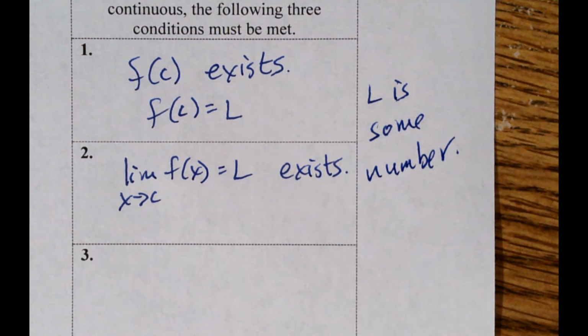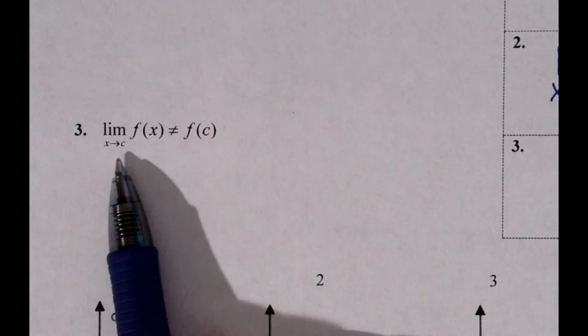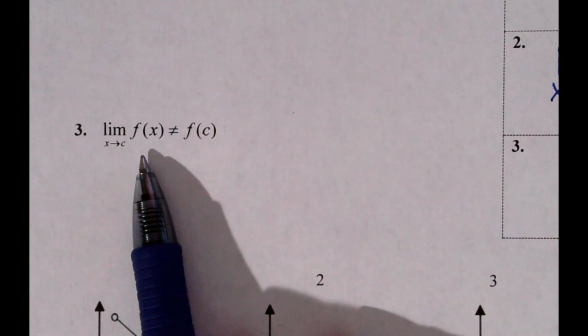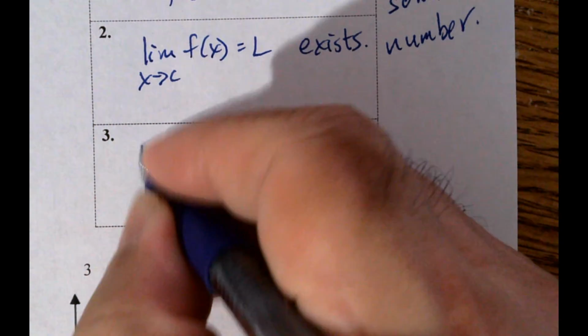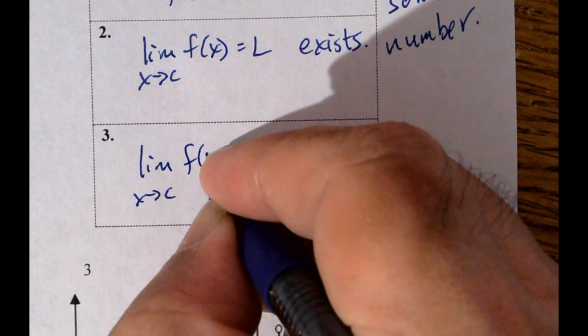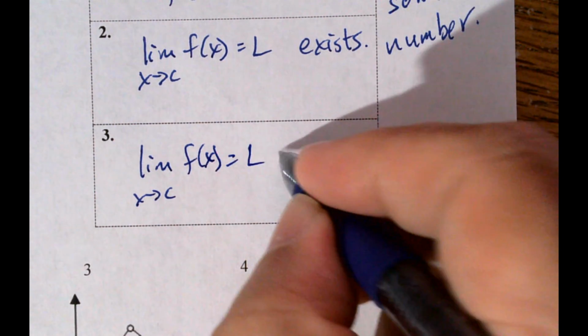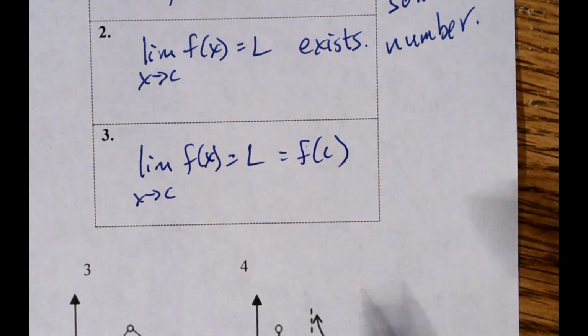And then 3, this is it. The limit of the function as x approaches c and f of c must be the same. So we say the limit as x approaches c of f of x equals some limit, and that limit is the same thing as f of c. So that's the 3 criteria. That's it.